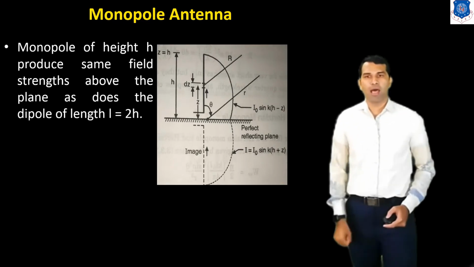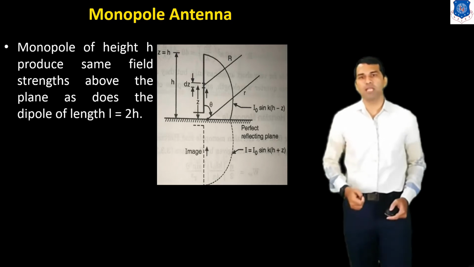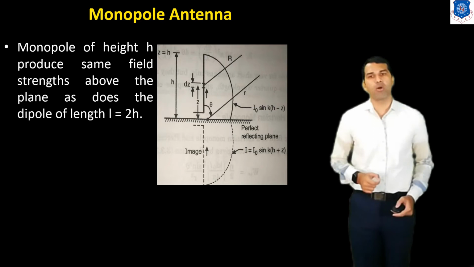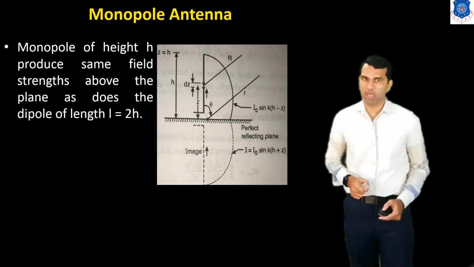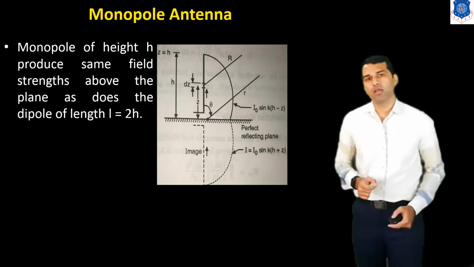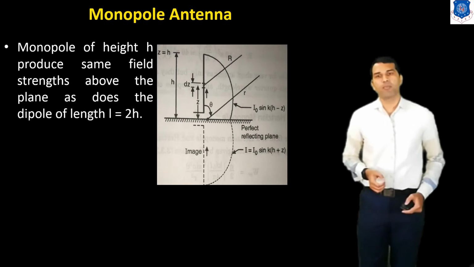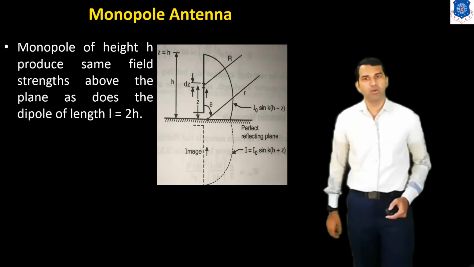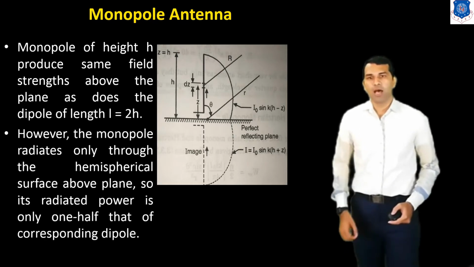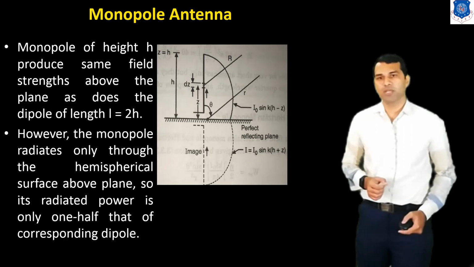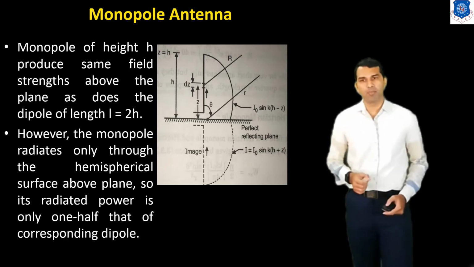A monopole of height h produces the same field strength above the plane as a dipole of length L equal to 2h. That means this monopole produces the same field strength as the dipole with L equal to 2h. However, the monopole radiates only through the hemispherical surface above the plane.